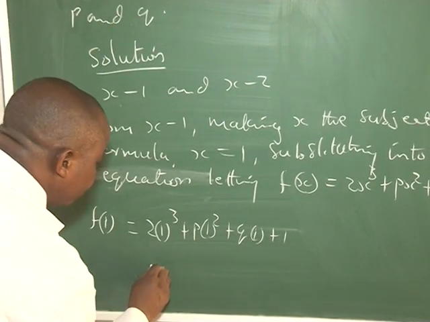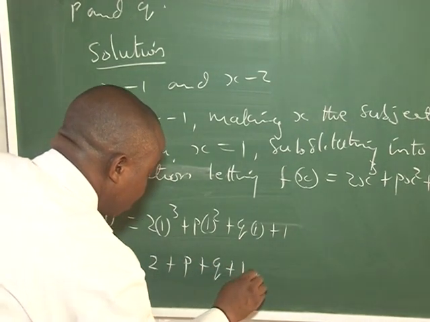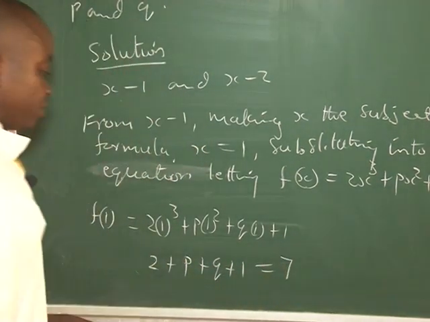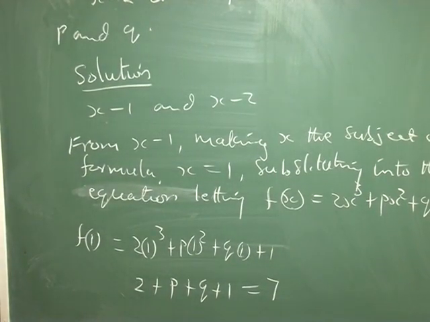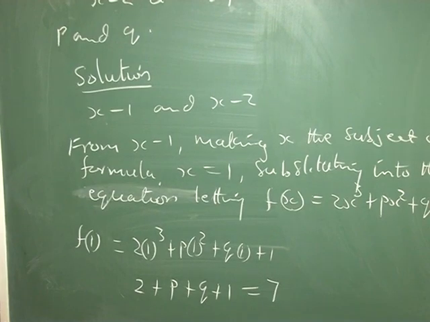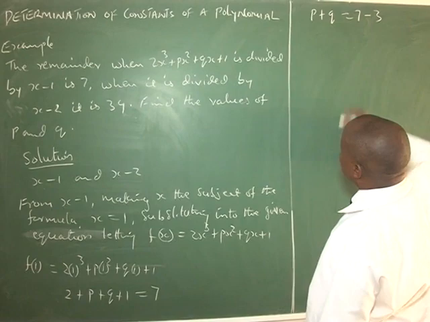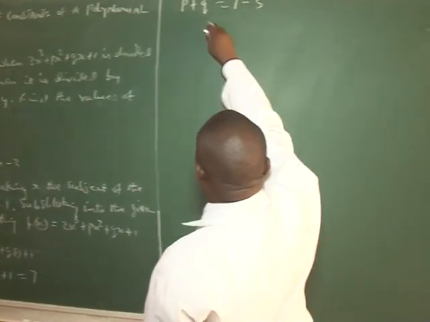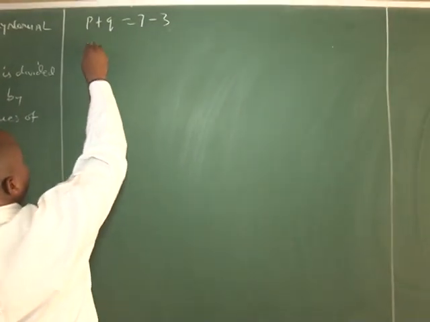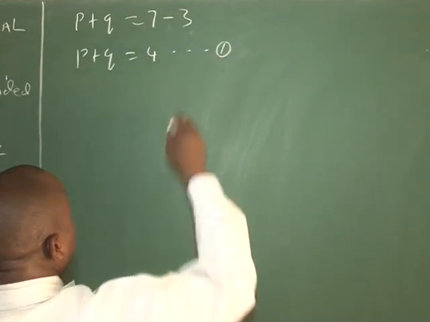So we'll have 2 plus p plus q plus 1 equals 7, which means p plus q equals 7 minus 3. Now, 2 plus 1 is 3. So when you cross it here, you have minus 3. So p plus q equals 4. Call this equation 1.